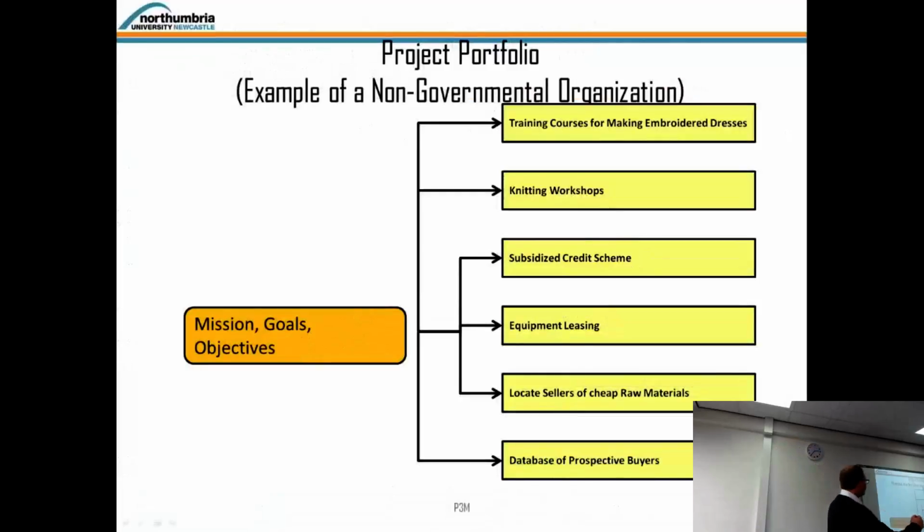So I have here two scenarios. This is actually from last year's group. I had one group that did as a course project a project in a province in India, about empowering women from a few villages to be part of the local economy.